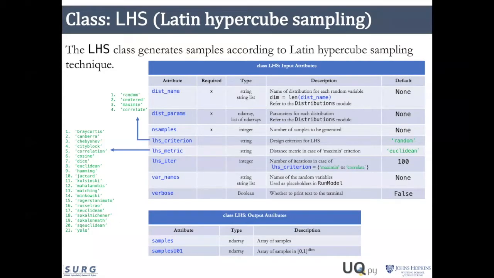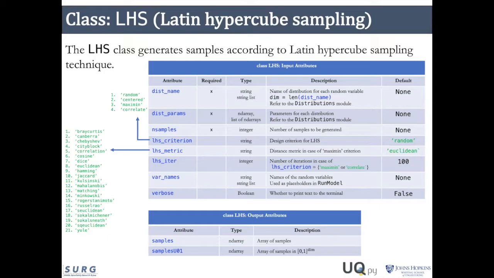Again, using the Latin hypercube sampling class is straightforward. As input attributes, you have the same attributes as Monte Carlo simulation, which are the distribution name, the distribution parameters, and the number of samples.